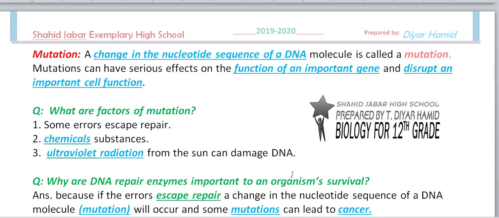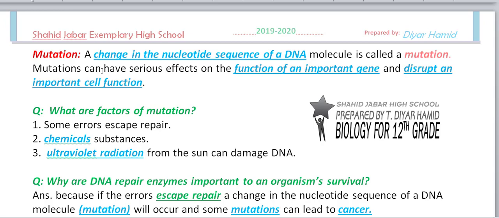So what is mutation? A change in the nucleotide sequence of a DNA molecule is called a mutation.